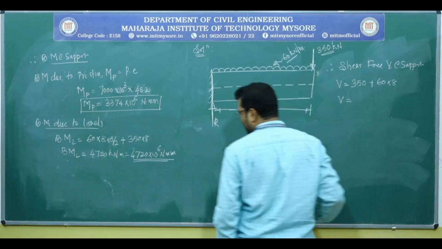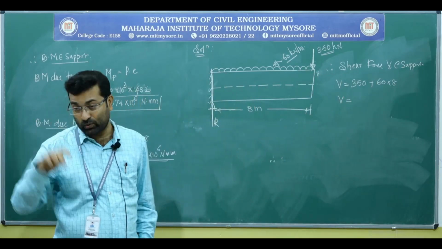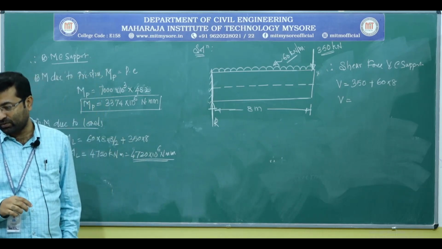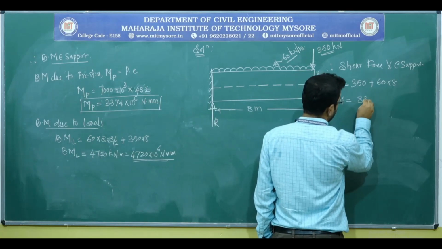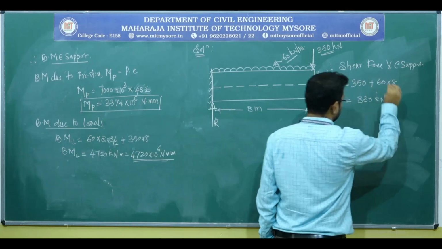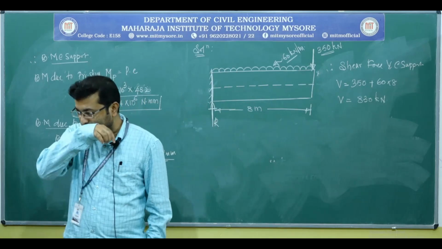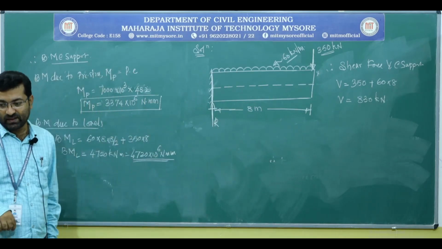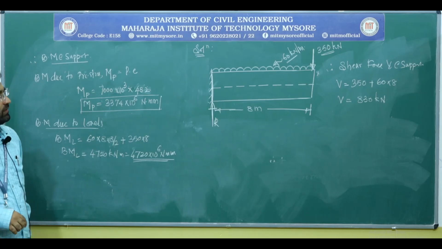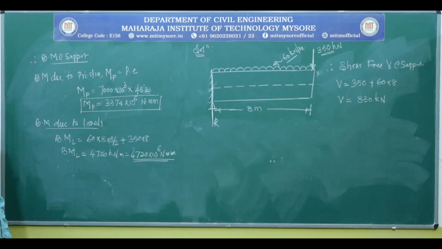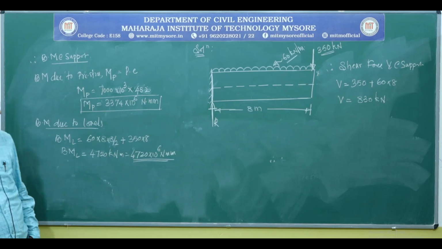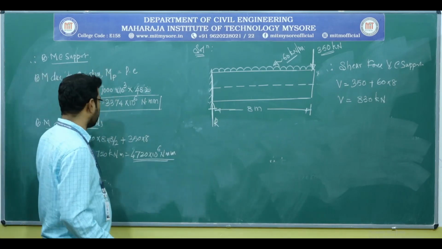So the total reaction R, or the support shear force, is about 830 kilonewtons. Next, we need to calculate f of x, the stresses due to direct pre-stress and the external loads at the supports.